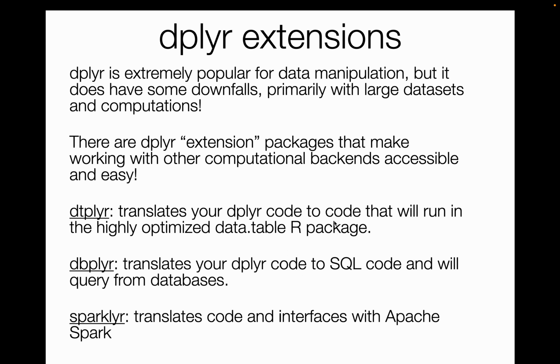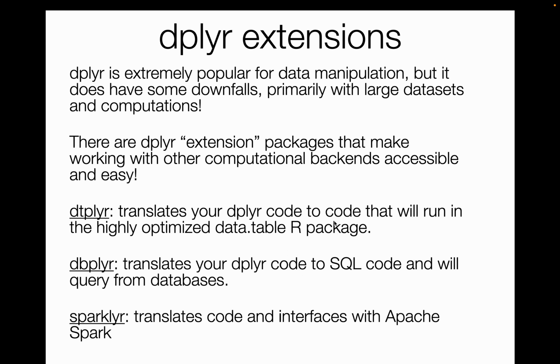But to the point, there are dplyr extension packages that make it easier to use or make it faster. The first one there is dtplyr, which is dplyr code that will run in the data.table R package. It's translating your dplyr code into data.table code to make it run faster. There's dbplyr.